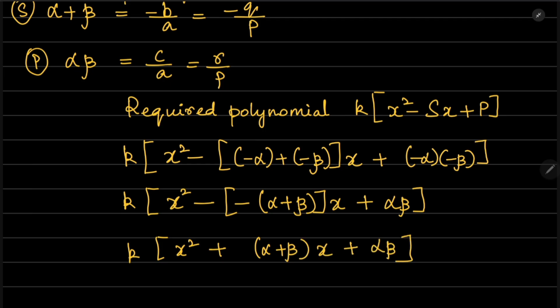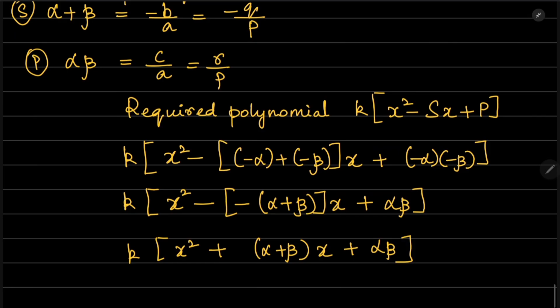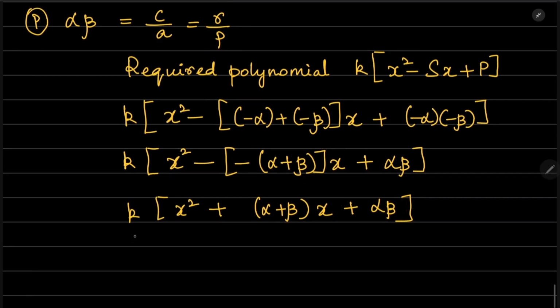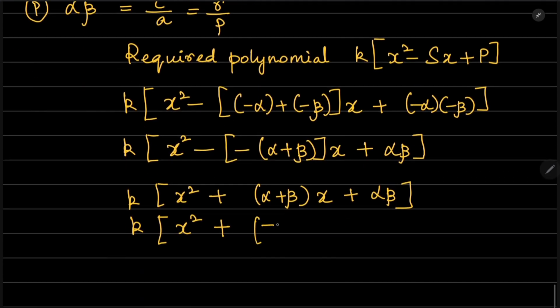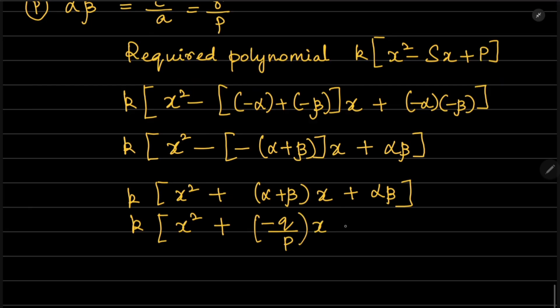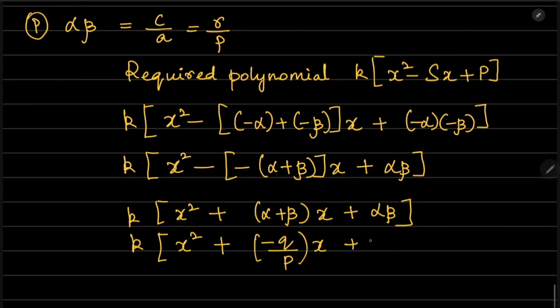We know the sum and the product. Alpha plus beta is minus q by p, and alpha beta is r by p. Let's substitute it here. So you get k multiplied by x square plus minus q by p into x plus r by p.